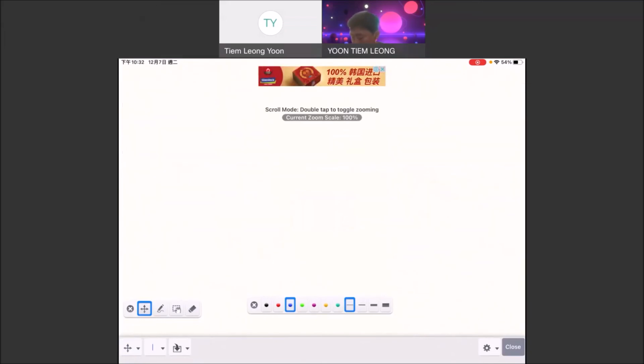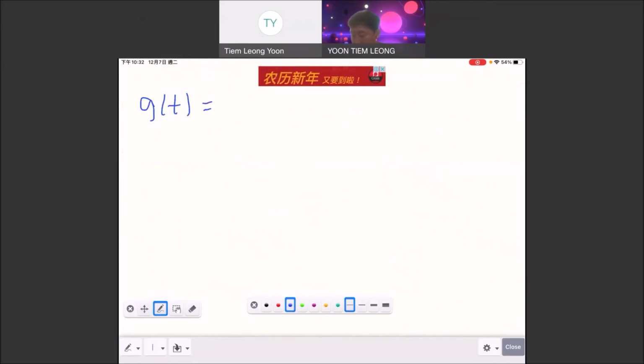Okay, so to do that, the function we are going to talk about is g(t) = 8t - t^4. In order to calculate the absolute maximum and minimum, again, we first calculate the derivative.